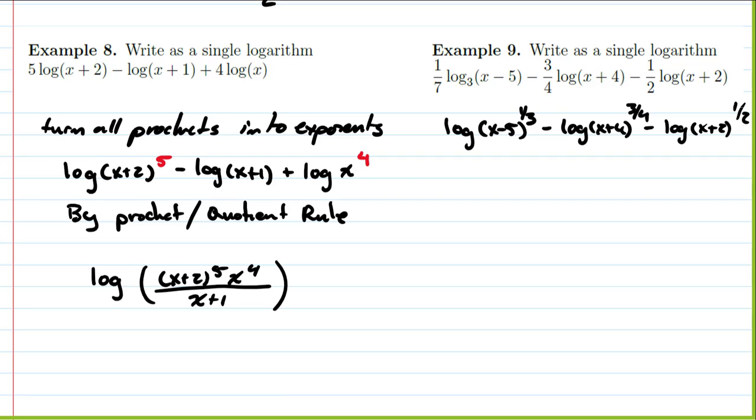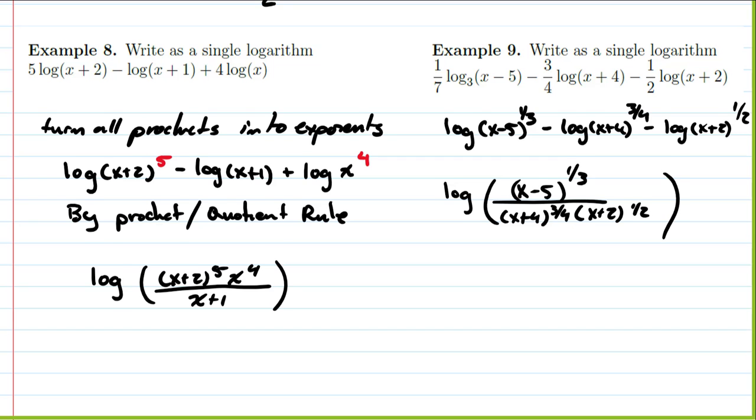So now I have two negatives, and that's going to give me the logarithm of x minus 5 to the 1/3, and then in the denominator, x plus 4 to the 3/4, and x plus 2 to the 1/2.